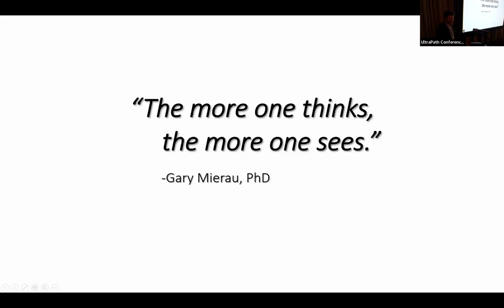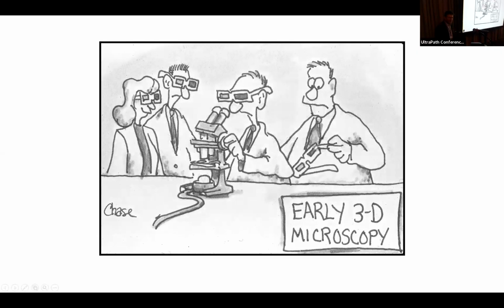And I think there's nowhere more so than in electron microscopy, where this needs to remain kind of at the forefront of our thoughts. And so you could laugh, but in the early goings, we really did use those red and blue glasses to look at stereo images to get 3-dimensional information from electron micrographs.